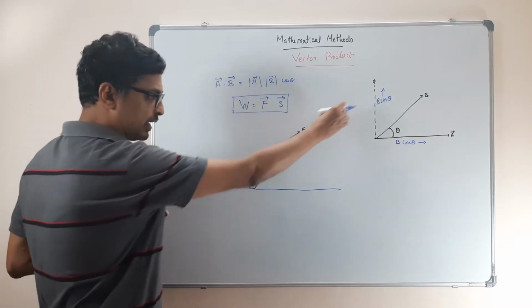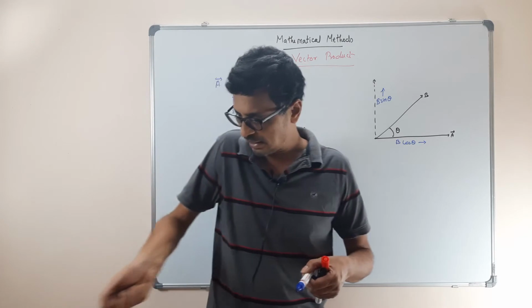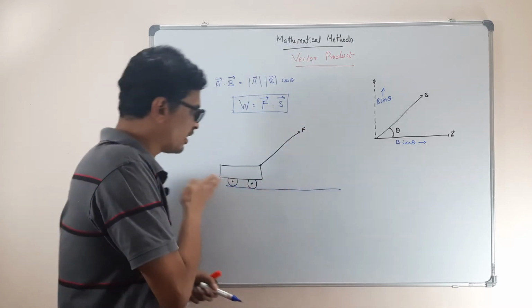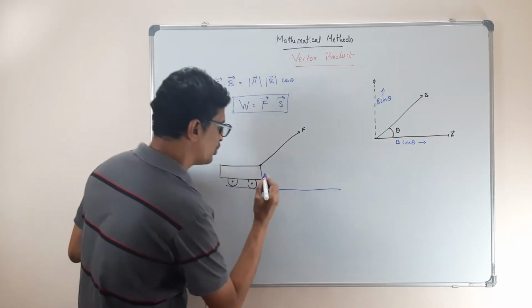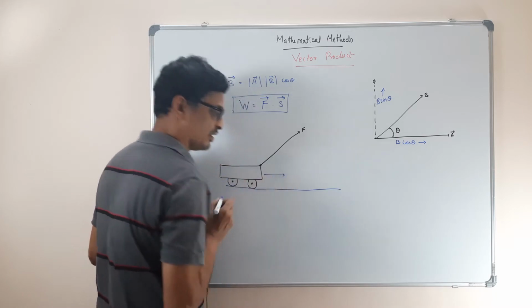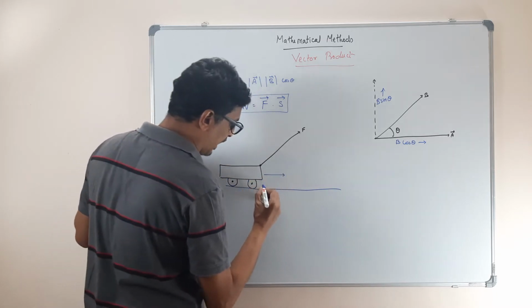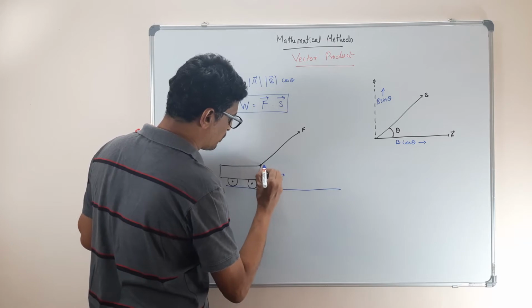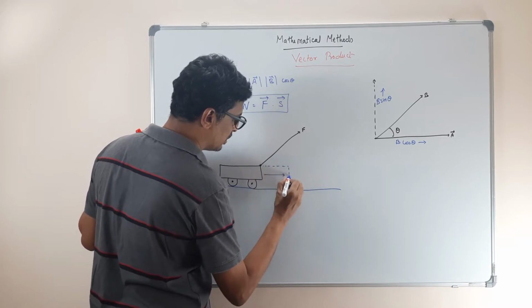So when you pull the cart like this, what happens? The cart will move, correct? The cart will move towards this direction. Suppose the cart has moved in this direction.